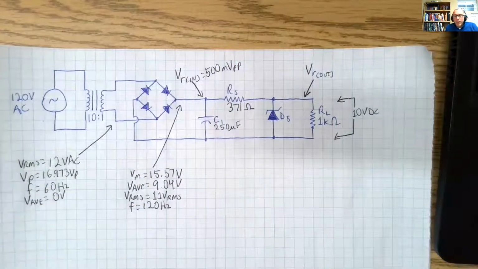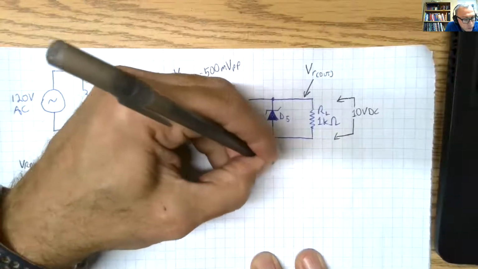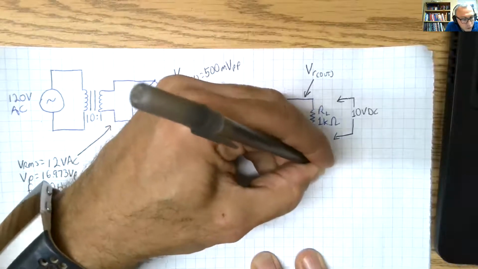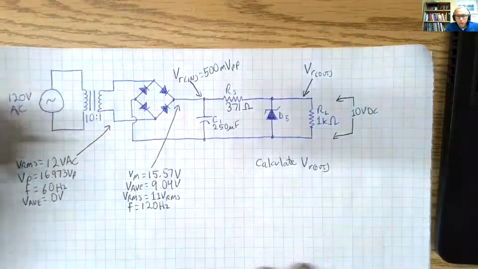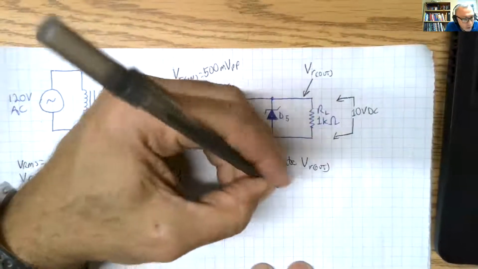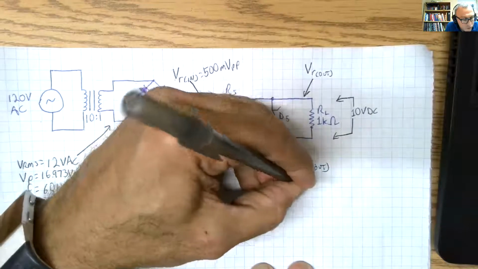Now, how do we calculate that? Well, we know, so calculate VR out. We know that the impedance, for lack of a better term, resistance of the Zener diode is 7 ohms.